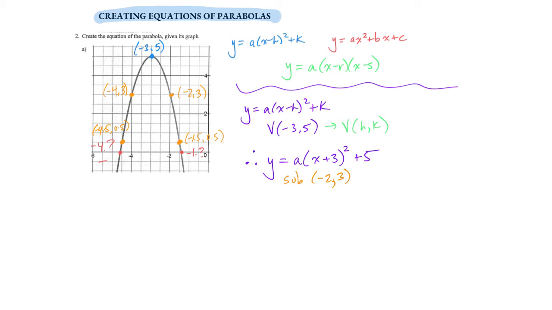That says that if x is -2, then y must be 3. And so I can sub that point in. Okay, well then that means replace my y with 3 as long as I replace my x with -2. And you'll notice what you create. You create an equation that just has an a in it. We can solve for that.